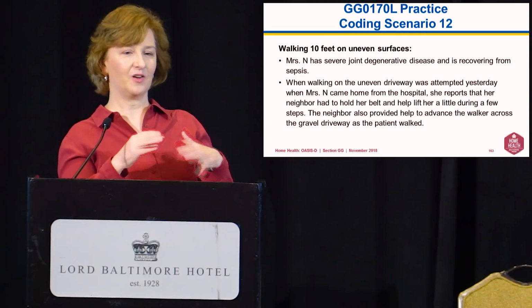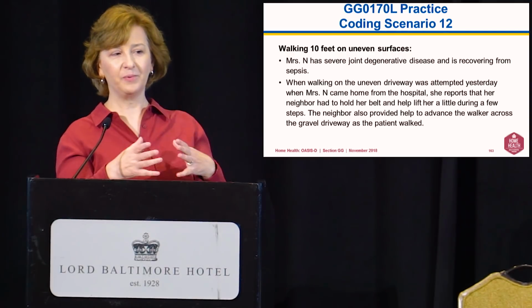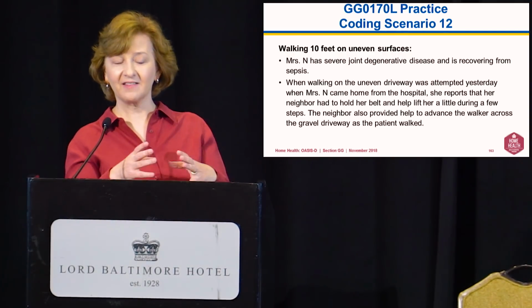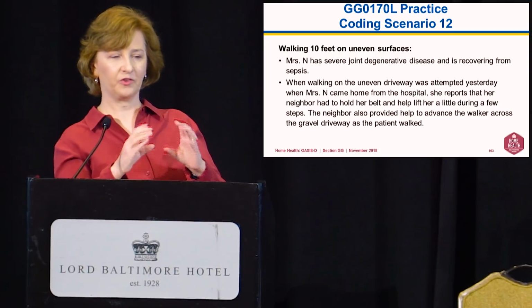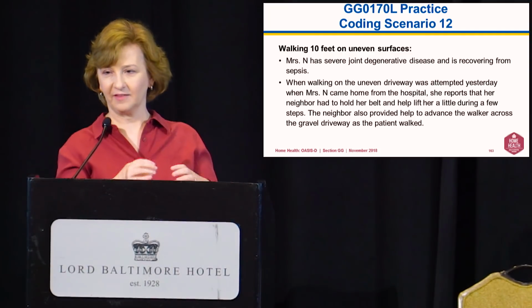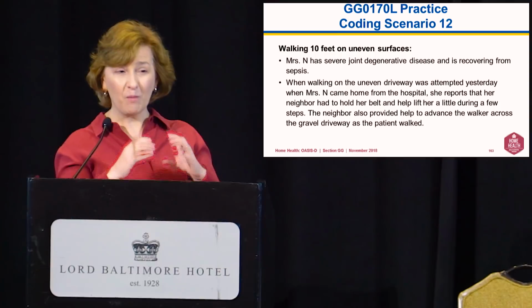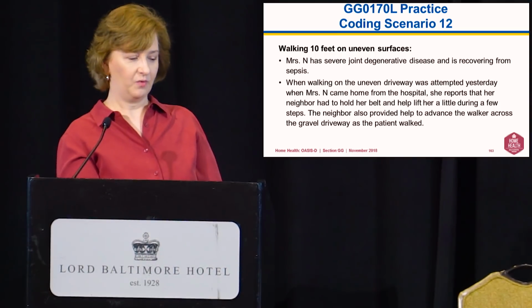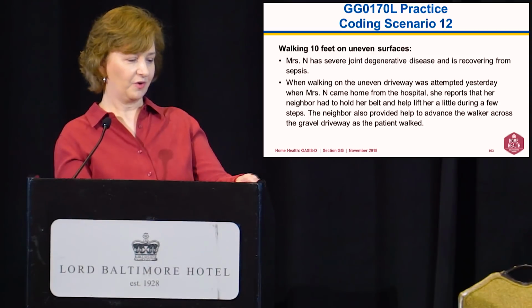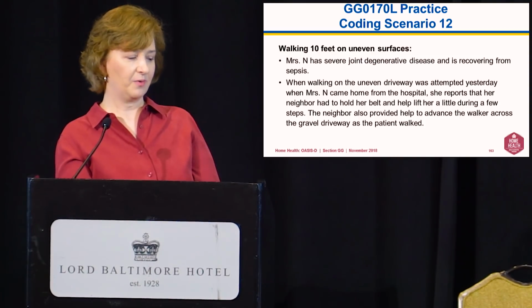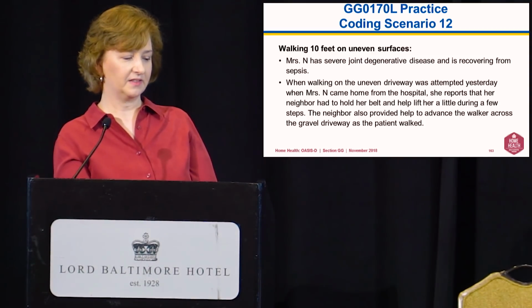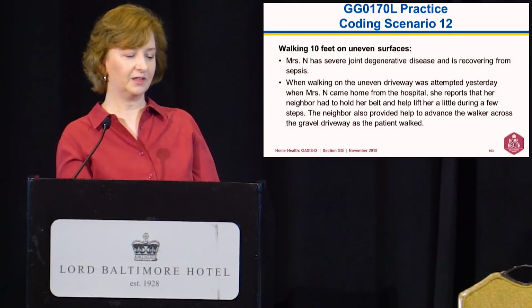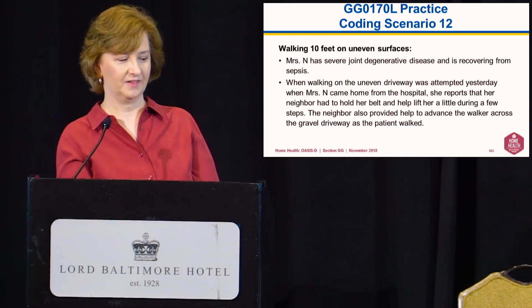And so then the question becomes, is the helper doing less than half of the effort, which would be a code 3, or is there lifting assistance with the helper providing more effort than the patient, and that would be a code 2? So I will let you think about that, and I'll just read it again. She reports that her neighbor had to hold her belt and help lift her a little during a few steps.